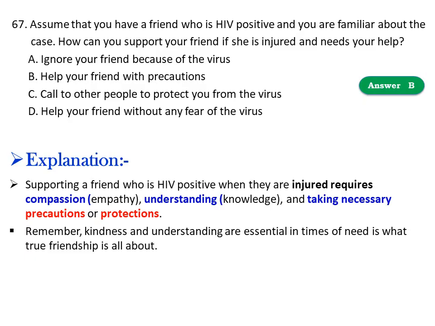Supporting a friend who is HIV positive and injured requires compassion and empathy, understanding and knowledge, and taking necessary precautions or protection. Remember, kindness and understanding are essential in times of need. That is what true friendship is all about.